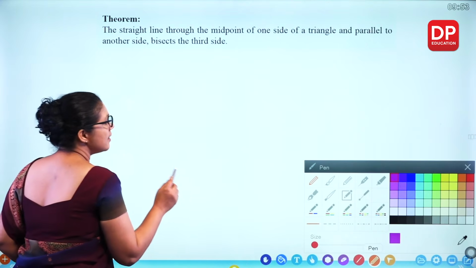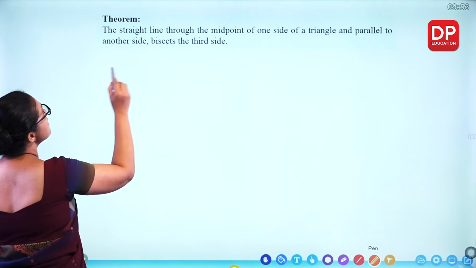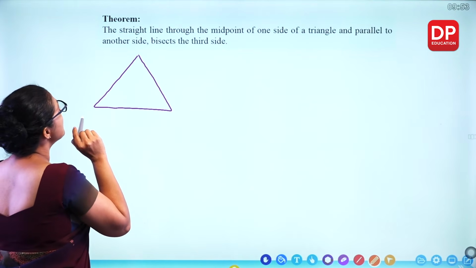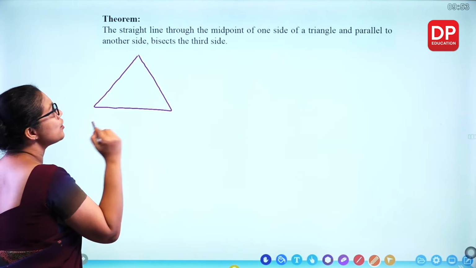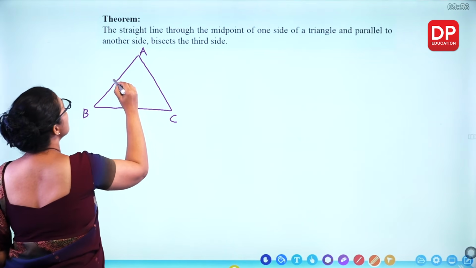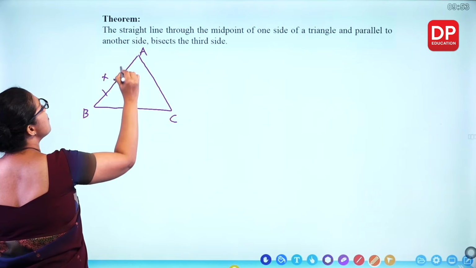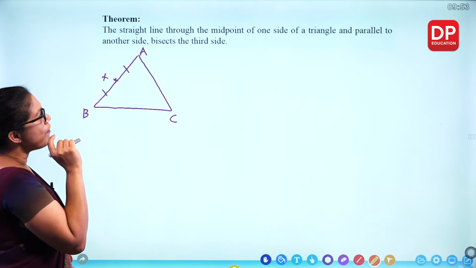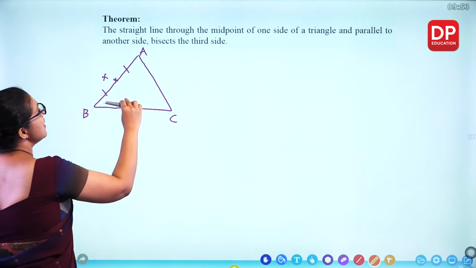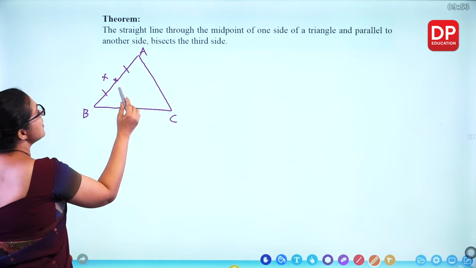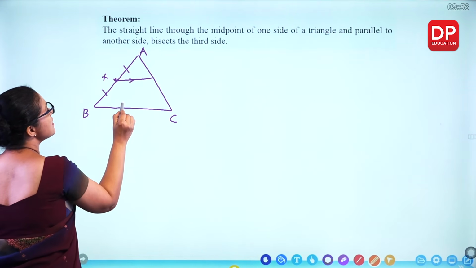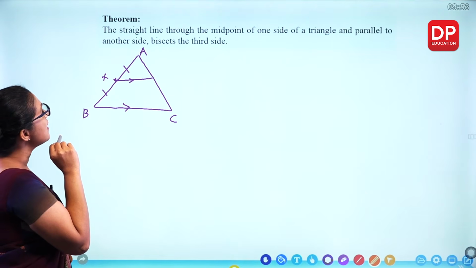So here, if you draw the triangle ABC, X is the midpoint of one side of a triangle, and you draw a line parallel to another side.